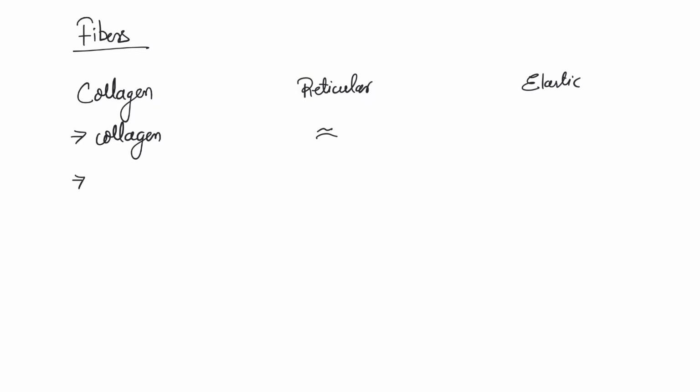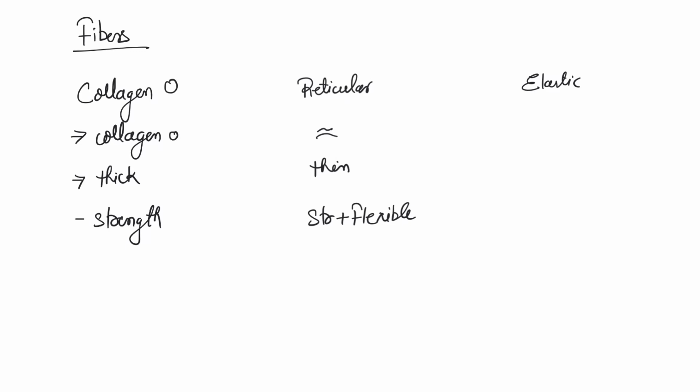Also, the collagen fibers are thick, whereas reticular fibers are thin. Both of these provide strength, especially the collagen ones. Reticular fibers are strong, but to some extent they are more flexible than the collagen fibers. So remember, collagen is a protein, and this is a fiber. A fiber means a thread woven from the protein.